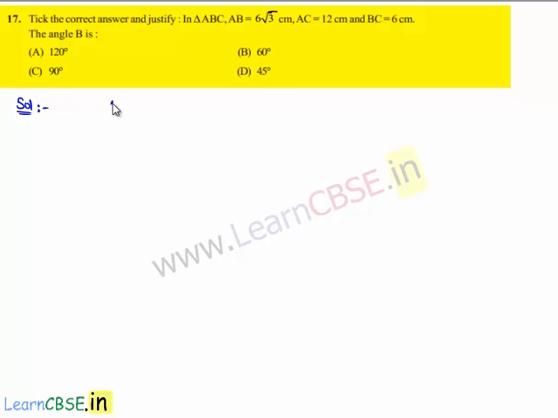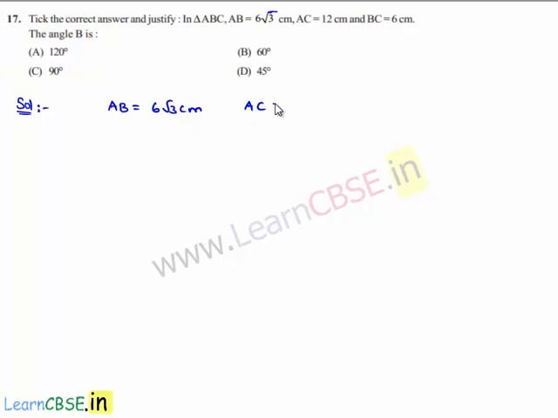He has given a triangle in which AB is equal to 6 root 3 centimeters, AC is equal to 12 centimeters, and BC is equal to 6 centimeters.